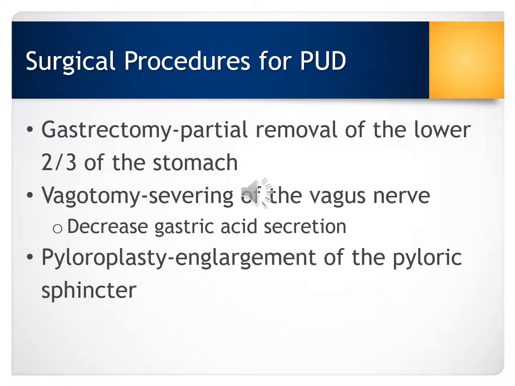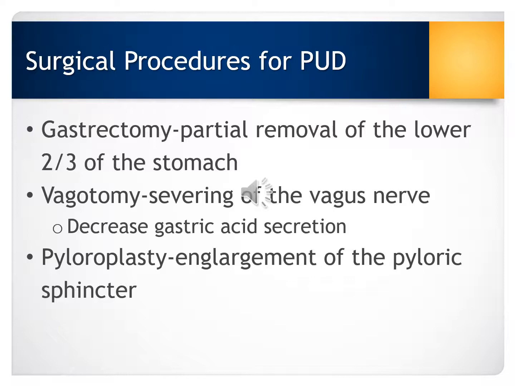Surgery for peptic ulcer disease is uncommon and is typically only performed on patients who have complications or patients that are unresponsive to medical management. There are 3 types of surgical procedures. This includes partial gastrectomy, vagotomy, and pyloroplasty.